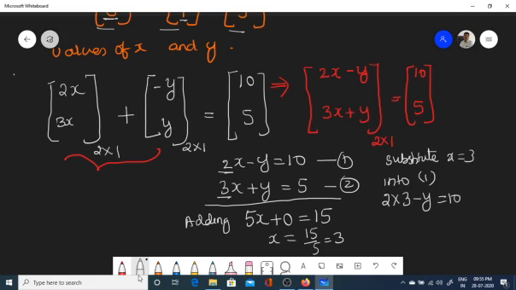So therefore, minus y equals 10 minus 6, taking to the right hand side, that will become 4. So minus y equals 4, then y equals minus 4. So finally we conclude, what are we getting as the values of x and y? x is equal to 3 and y is equal to minus 4.